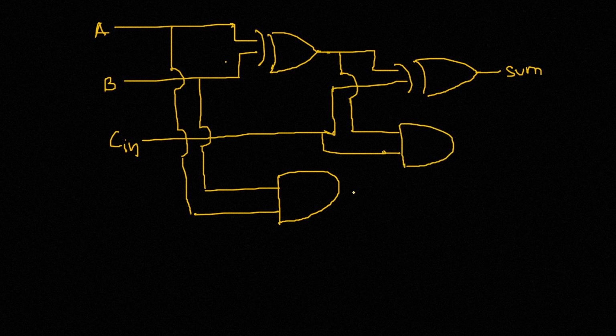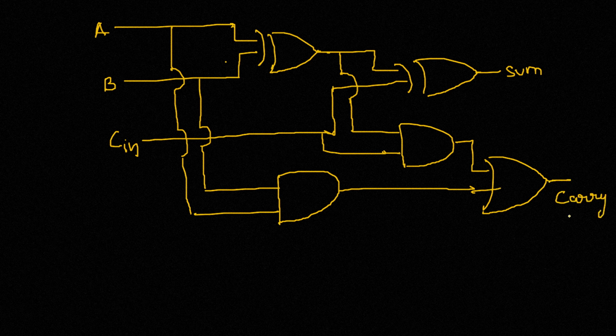And the outputs that are a result of these AND gates are taken through an OR gate, and that gives us the carry out of a full adder. So I hope that's fine.